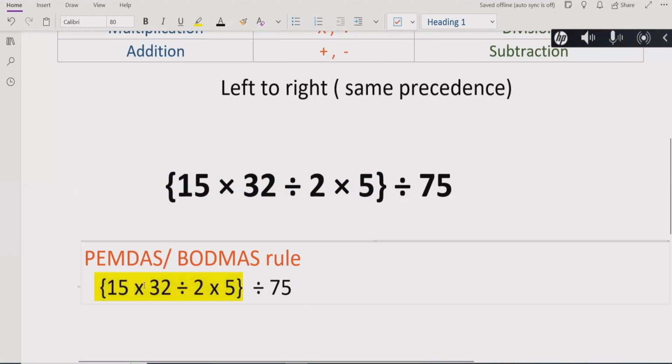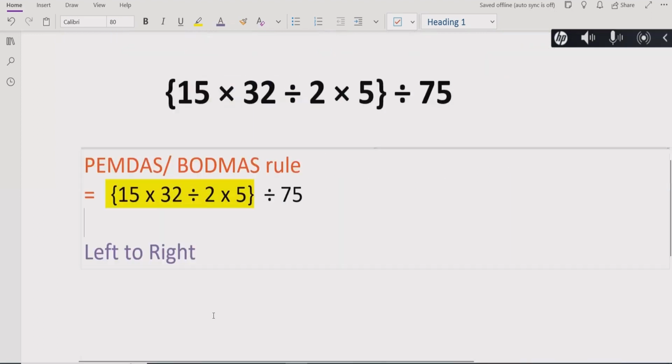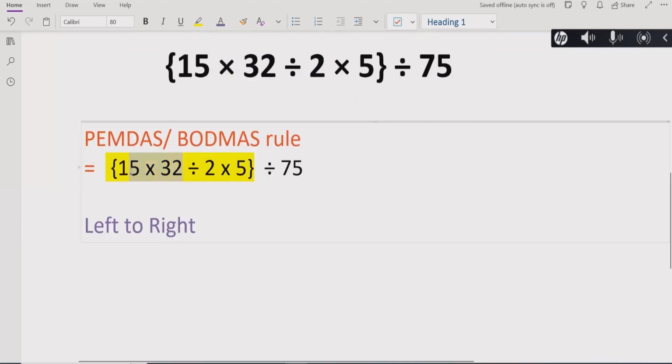So we have to solve this expression first. If you see this expression, we have to go left to right and solve this first part.